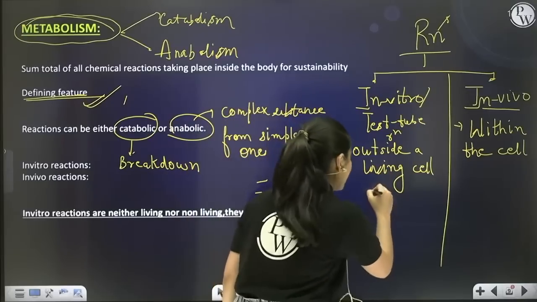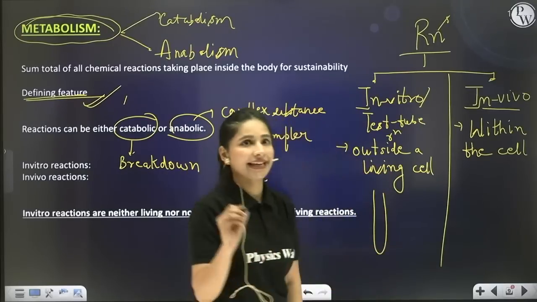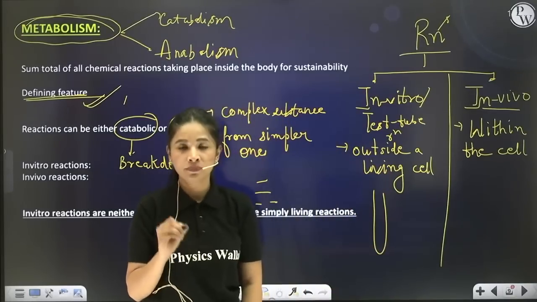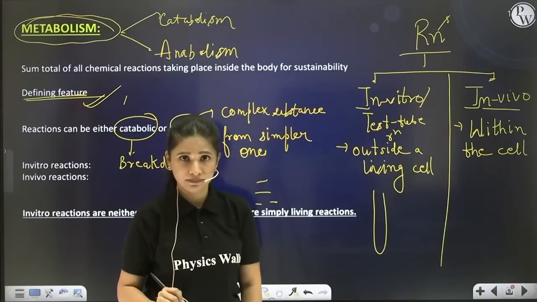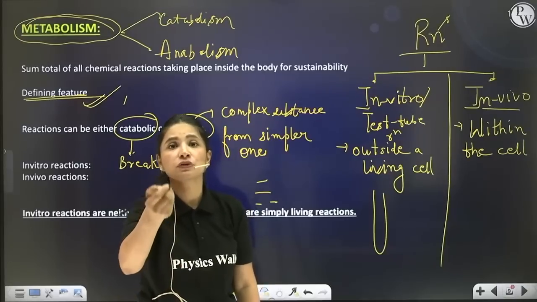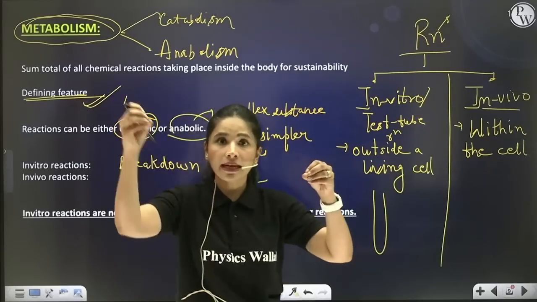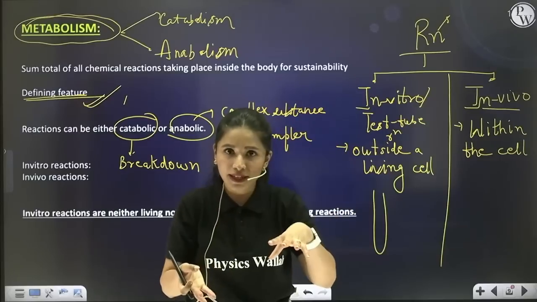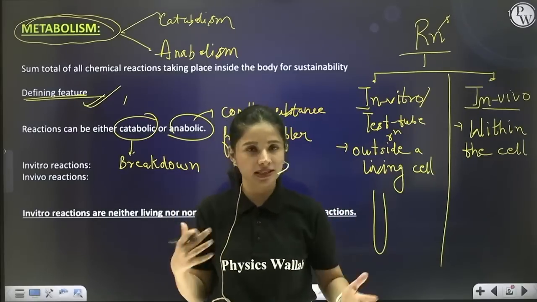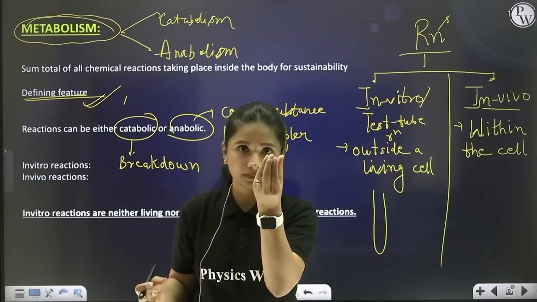Children, the reactions which take place in a test tube are usually single step reactions. Like for example, formation of a zygote: sperm and egg are collected from the donors in a test tube. They are made to join with the help of some stabilizers and enzymes to form a zygote.